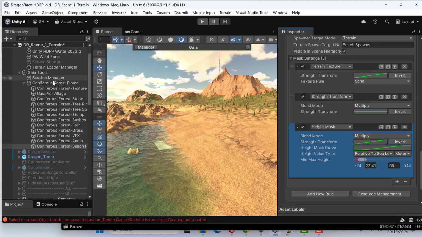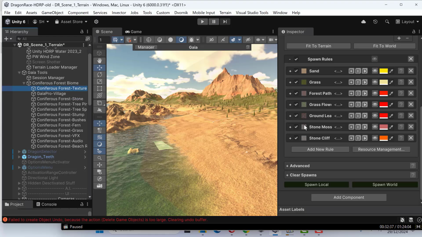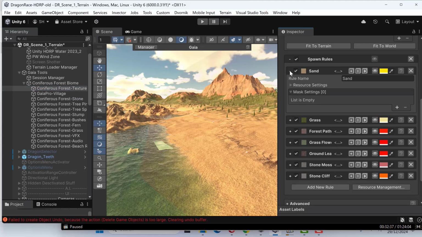Let's have a look at another one of these stones. What's it saying about these? Actually, let's see what it says about the sand. No mask.